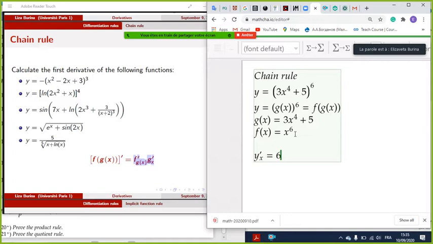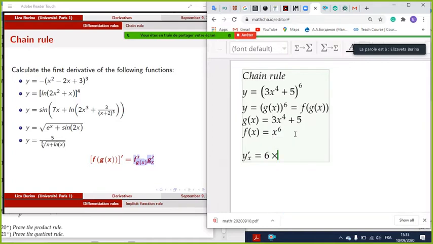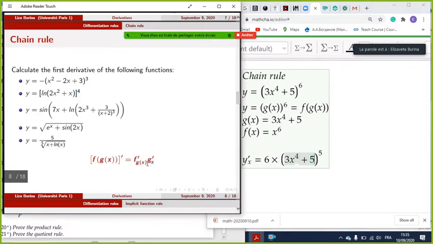It is 6 times this something, in our case it's a function, raised to the power of 5. So you can just look at this and recall this is the simplest derivative we can think of. So we're taking the derivative of an exponent, right? Okay, and that will be, instead of x, I'm just writing this because I'm now having a function of another function. Okay, perfect. That we did the first part.